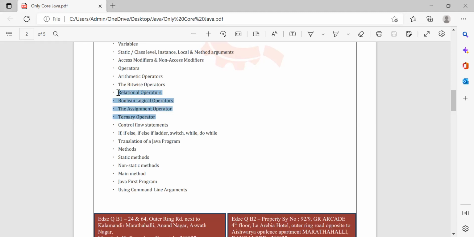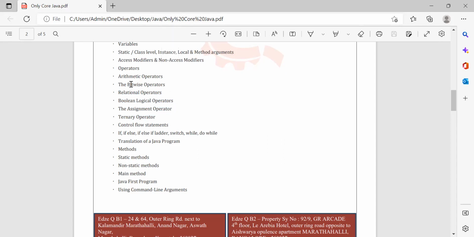Tomorrow I will give the examples also, using these operations. Today onwards, we will discuss only arithmetic operations, with addition, multiplication, subtraction, division and percentage, using examples.